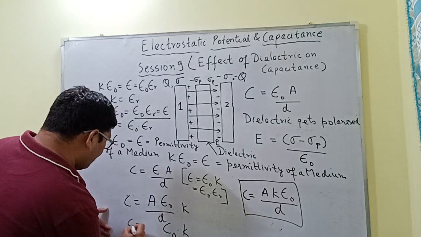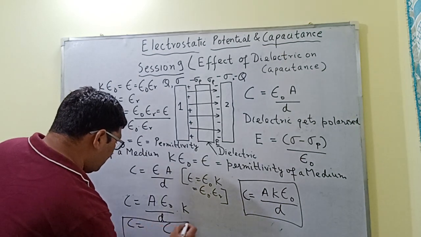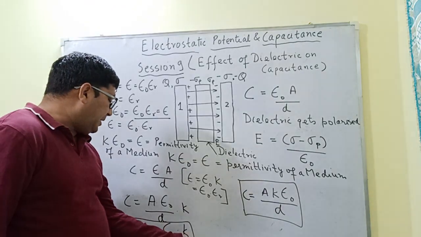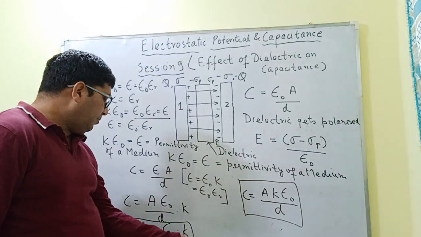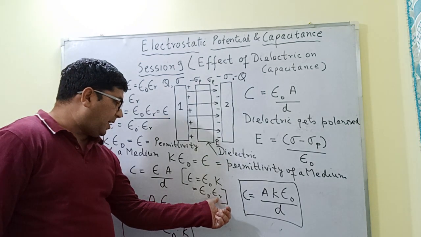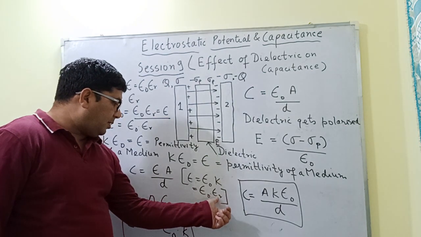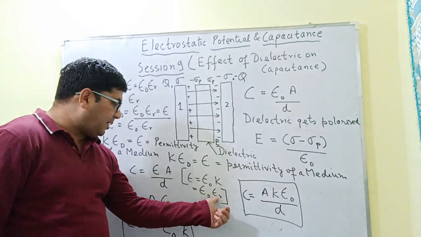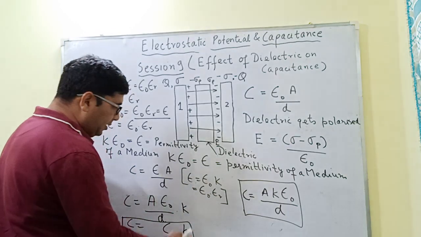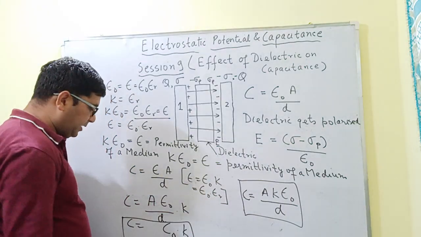So C is equal to C naught into K, where K is the dielectric constant of a medium, and it is also known as epsilon r, the relative permittivity of a medium. So K and epsilon r are the same thing.